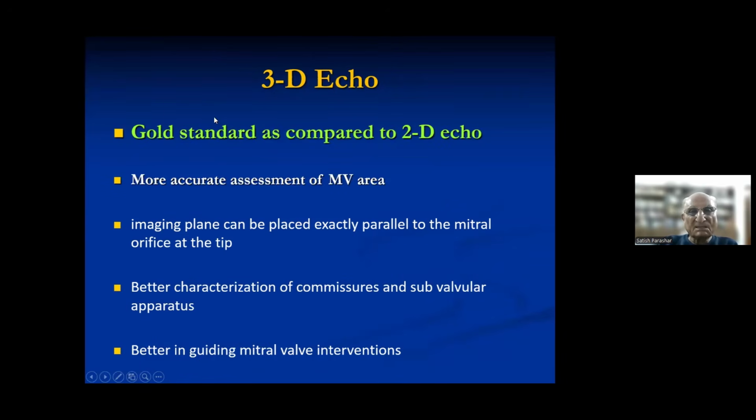If you are asked between 2D and 3D, 3D echo is the most important and gives you complete information, because we can place the measurement exactly at the mitral valve orifice tip.